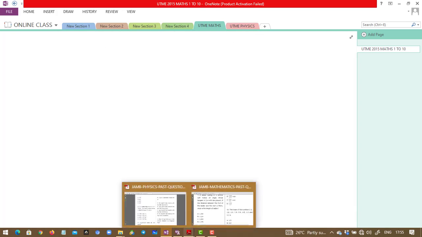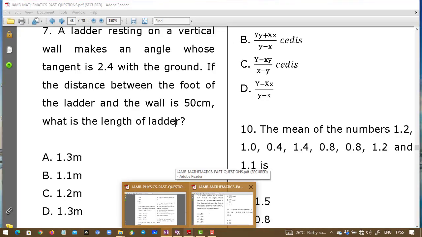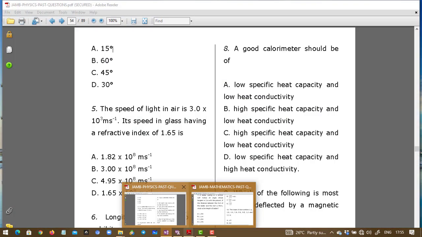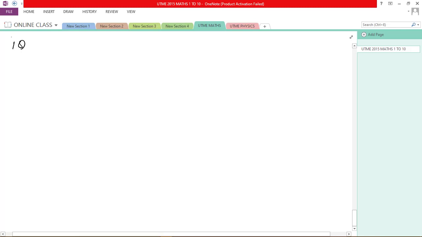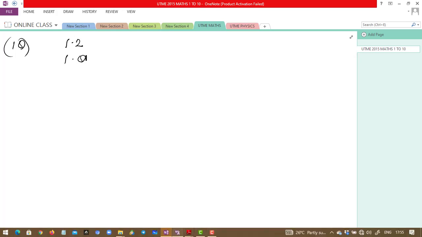From what I can see there, we are looking for the mean of 1.2, 1.0, 0.4. Let me go to the question on the board.